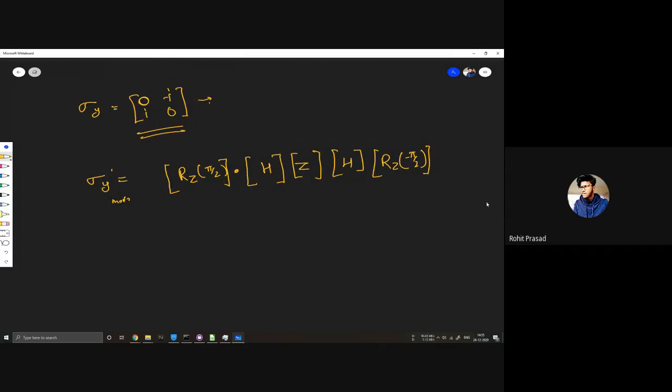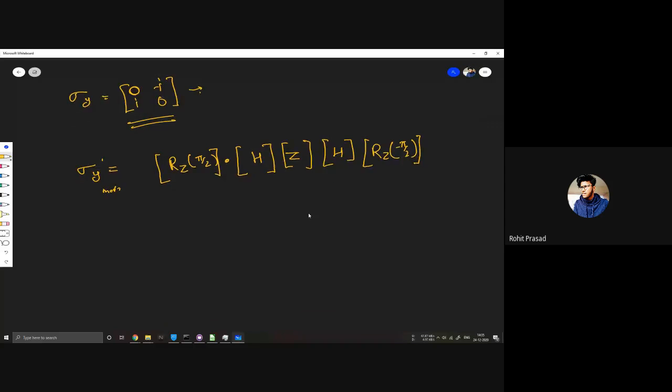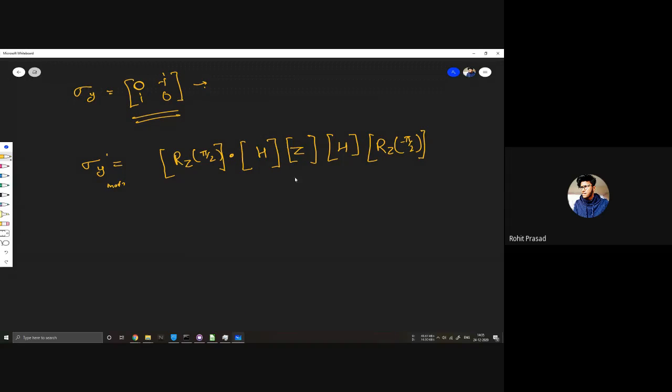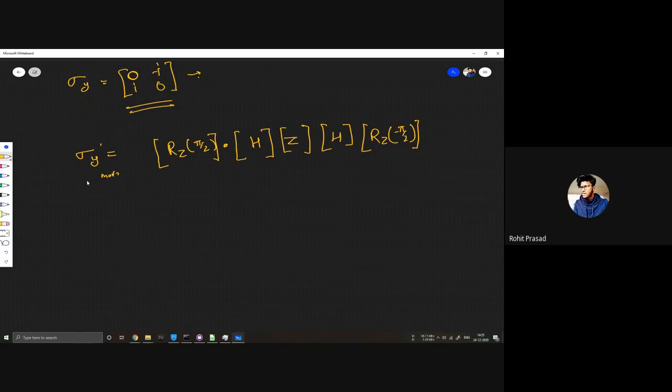It would take me like 10 or 15 minutes. So I will provide how I find this in a short video or something. Okay, so this is the decomposition of sigma y in terms of z. Okay, so this is how it can be achieved.